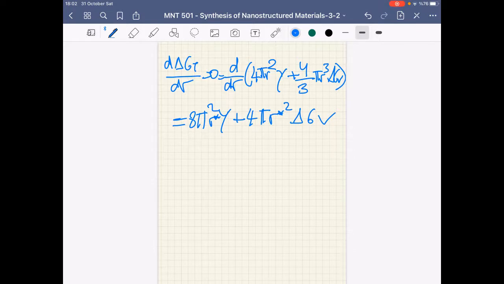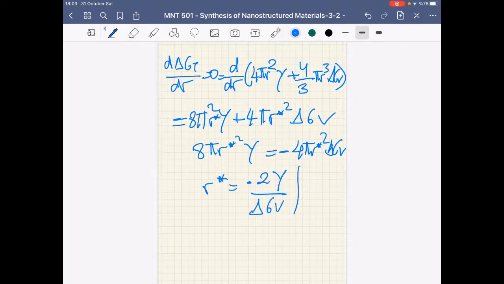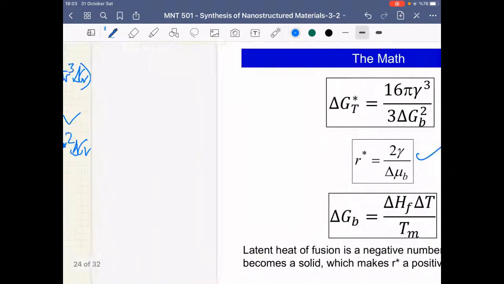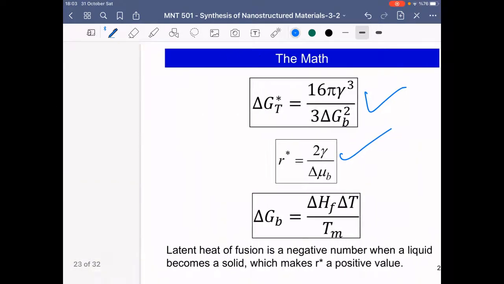Okay, and 8 pi r is equal to minus 4 pi r delta GV, and then R star is equal to minus 2 gamma over delta GV. I think I did something wrong somewhere, but we can get over that.